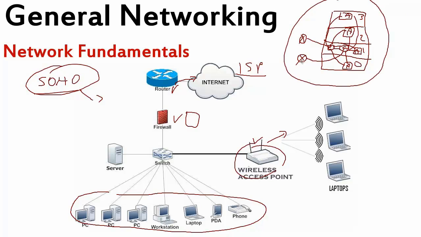Do you agree with me that in a design like that, you will not find a single point of failure? The idea is that if a single device fails or a single cable fails, the whole network goes down. That's not the case here. Let me change the color. Let's say that this is ISP1, this is ISP2.